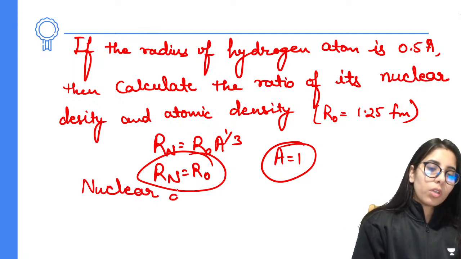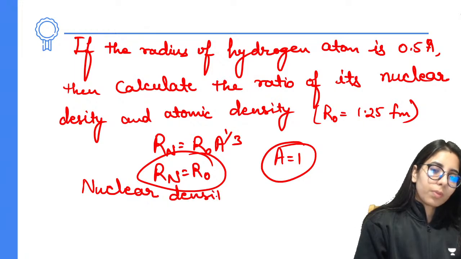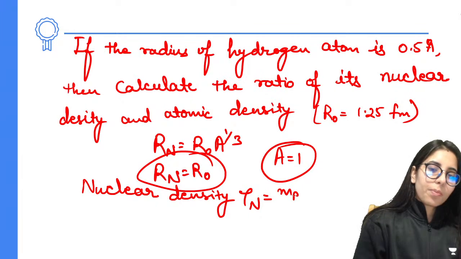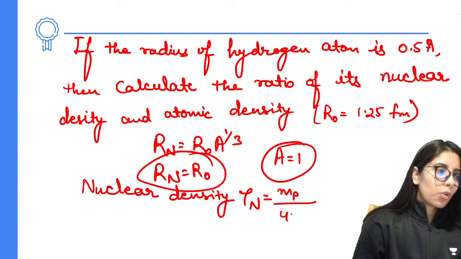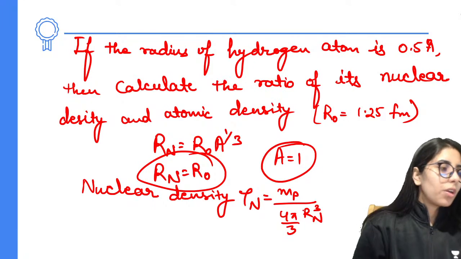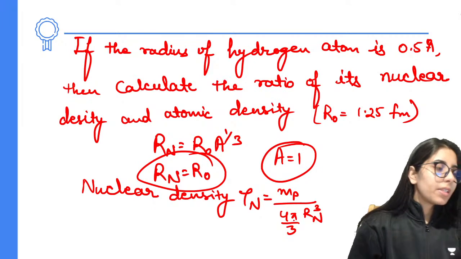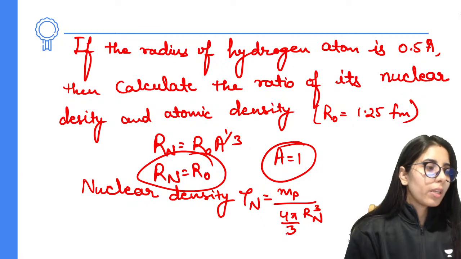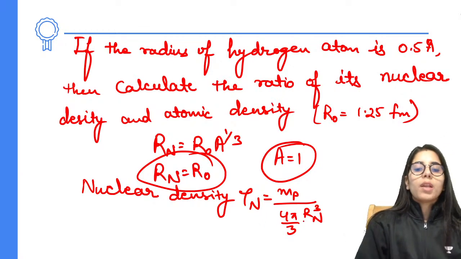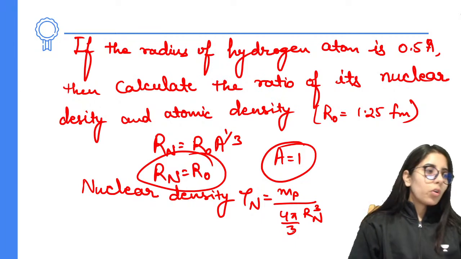Now one more thing, nuclear density if I will talk about. That is rho n can be written as mp upon 4 pi by 3 Rn cube. So Rn you already know about. You are easily getting the relation between this part. That is how the nuclear density is related to the nuclear radius. And one more thing.